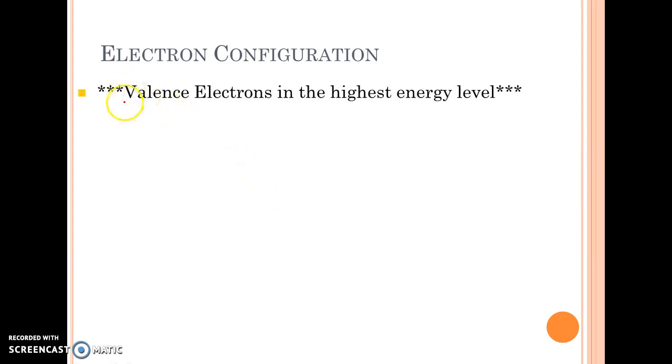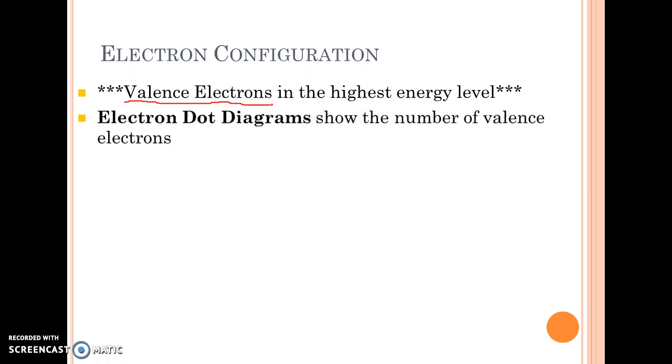Your valence electrons are probably some of the most important electrons solely because they are the only electrons involved in chemical bonding. This whole unit is on chemical bonding, so we're going to spend a lot of time talking about valence electrons. But your valence electrons are in the highest energy level, and we can use electron dot diagrams to show the number of valence electrons an atom has.